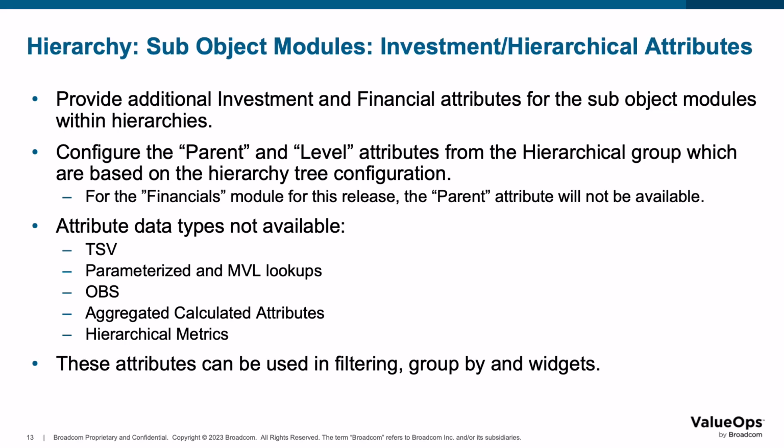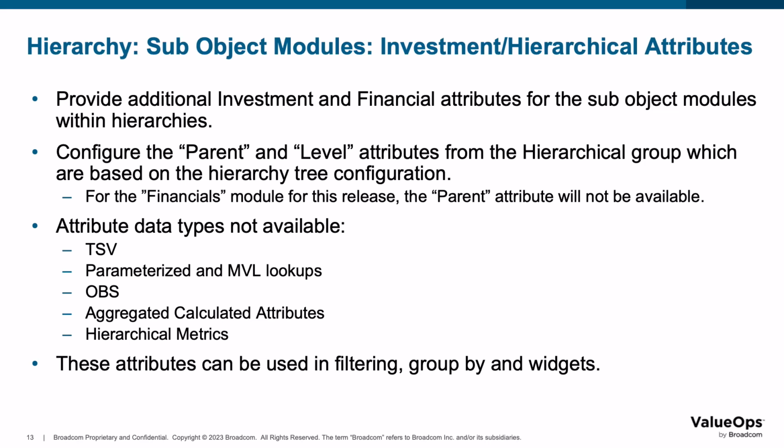And also, we're exposing both the parent and the level attributes from the hierarchical group, which are based on how you configure the hierarchy tree configuration in your hierarchy instance. But one thing to note is that the financial module will not have the parent attribute exposed, at least for this release, and we'll look at adding it in a future release.